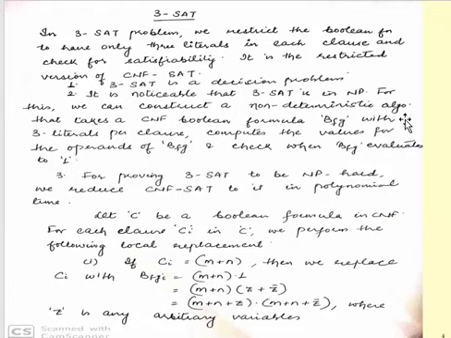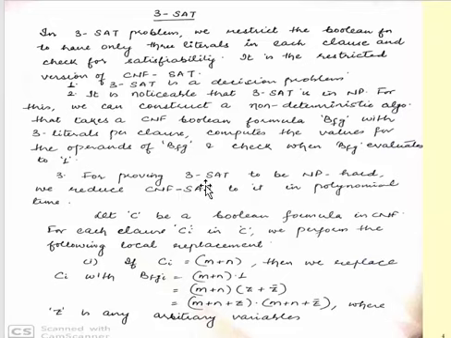Suppose this Boolean formula is given. For different values of these inputs, suppose I'm taking them as 0, 0, 0, I need to check whether the output is 1 or 0. If it is 1, that means it is satisfiable. So we can write an algorithm that runs in polynomial time and checks whether the Boolean formula evaluates to 1 or not. So this we can say is an NP problem.